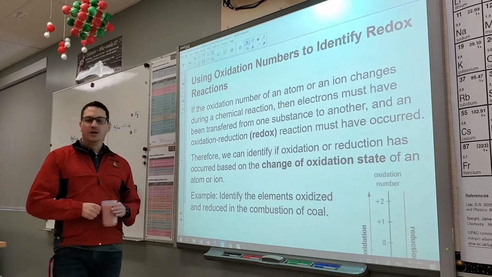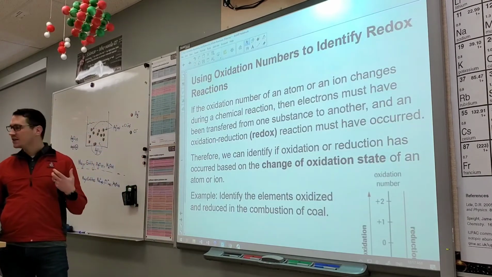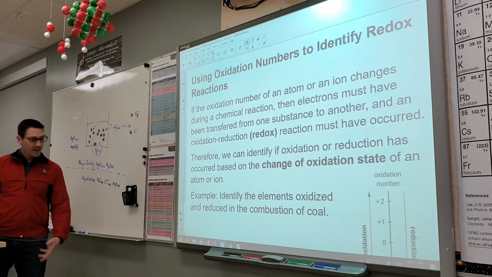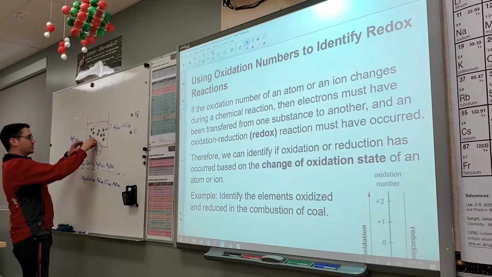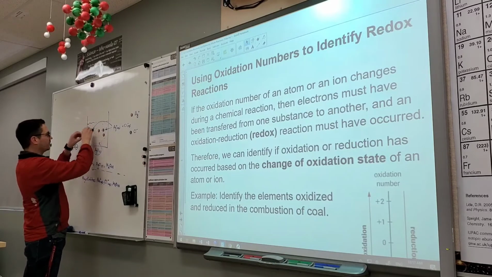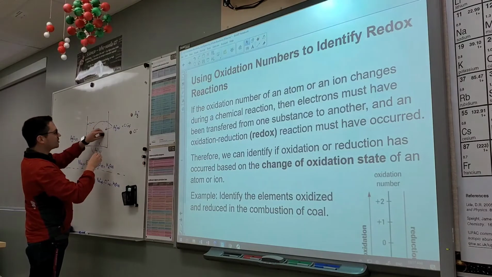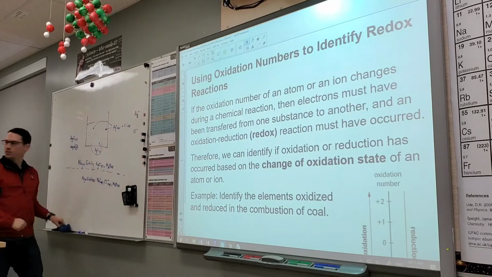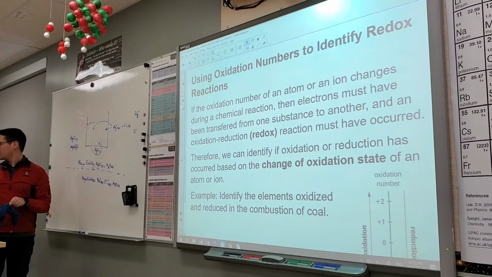What I want to do is move on to using oxidation numbers to identify redox reactions. Now, a redox reaction, I've got to put all my magnets away. Redox reactions are defined as, well, what's reduction again?